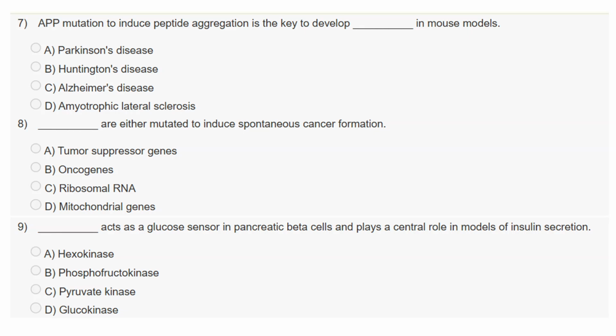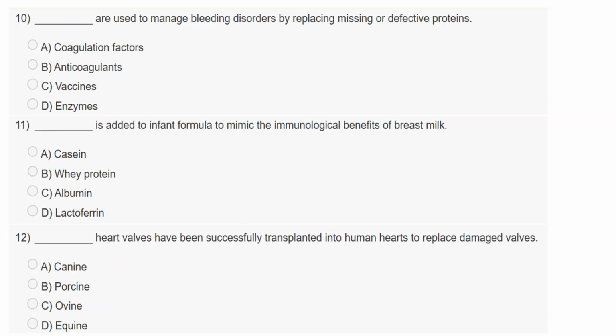Next, dash acts as a glucose sensor in pancreatic beta cells and plays a central role in the modulation of insulin secretion. So what is that? The answer to question number 9 is glucokinase.